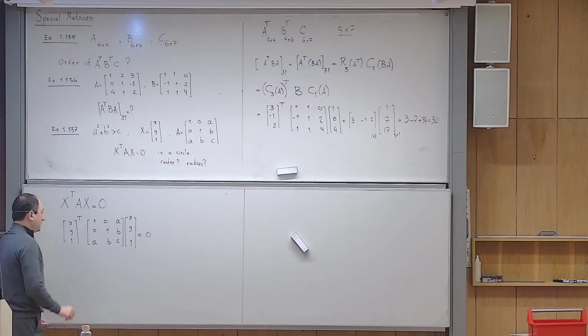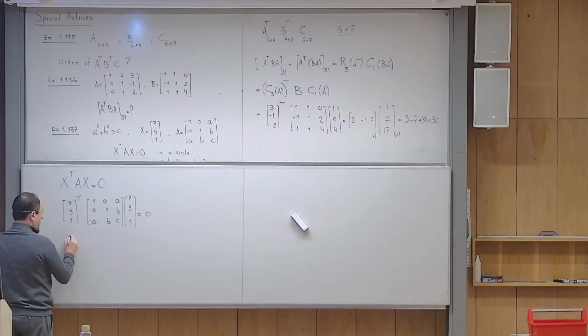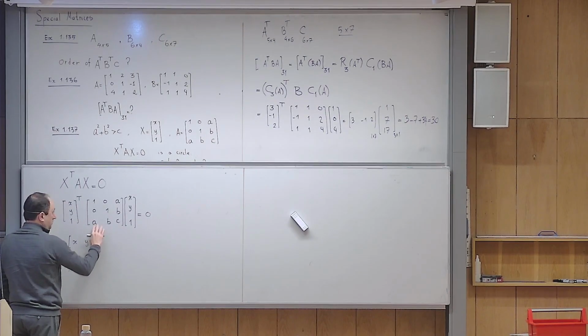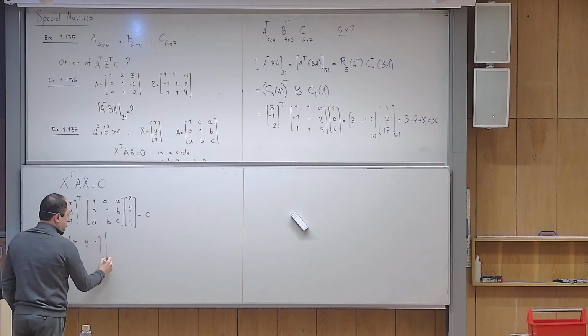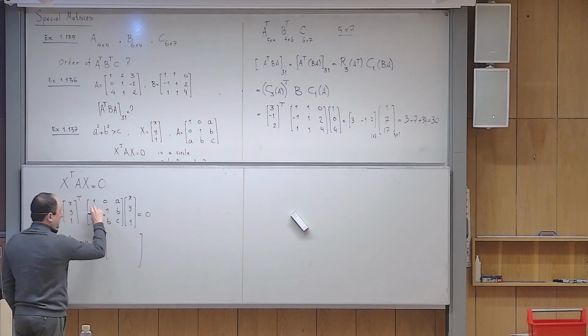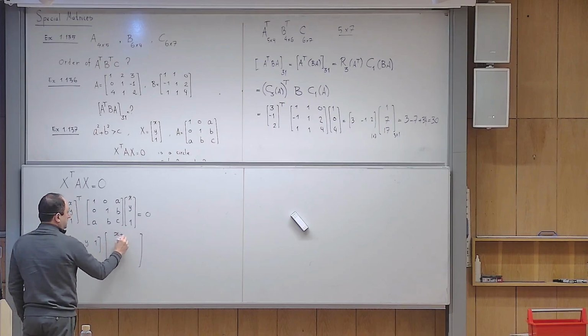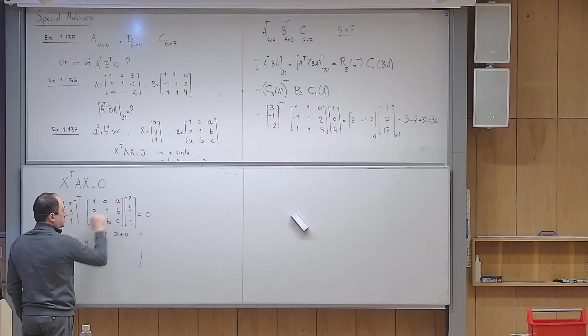Yes? We calculate this. The transpose of this is X, Y, 1. But the product of these two, let us just do it right now. I take this row and multiply it by this column. It becomes X plus A. Yes, because 1 times X, 0 times Y, A times 1, and I add all the results.